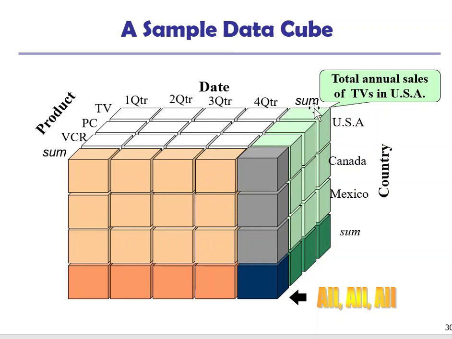The sales of TV in US. So the cuboid that covers the country and the product dimension are those light green blocks. Okay. So similarly, those light orange blocks cover the date and the country dimension. We have dropped the product dimension.